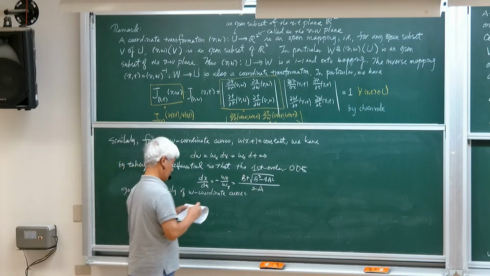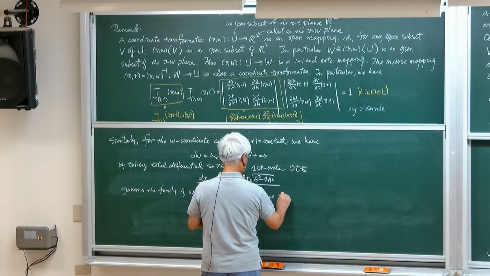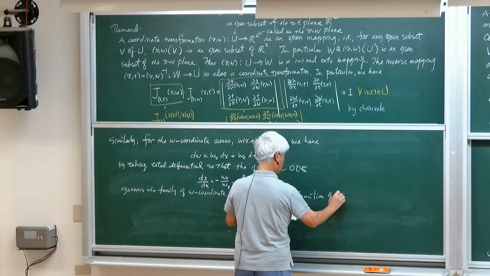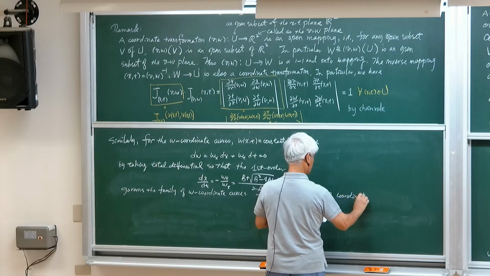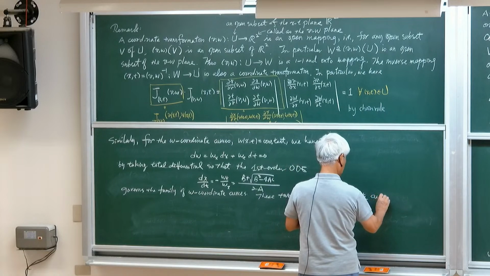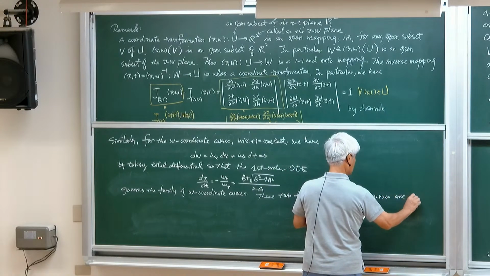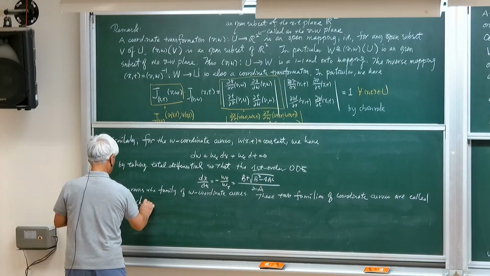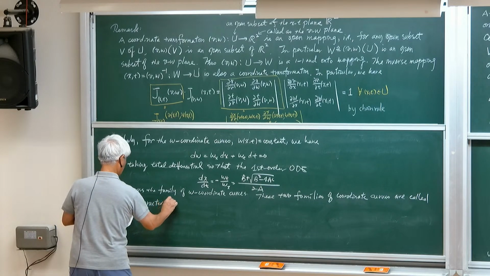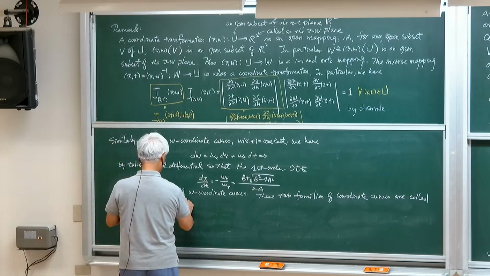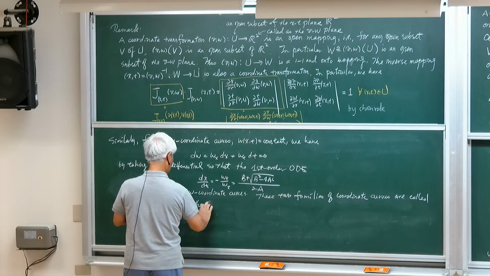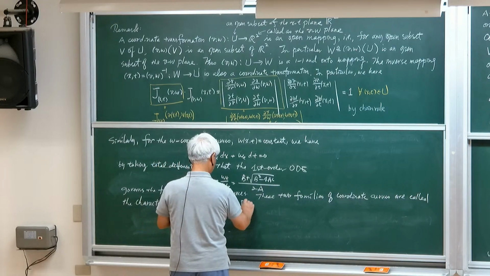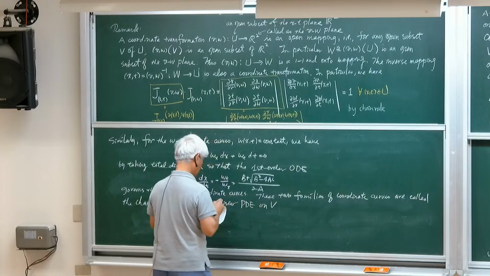So we have these two families of coordinate curves, called the characteristics of the semi-linear PDE on this open subset.